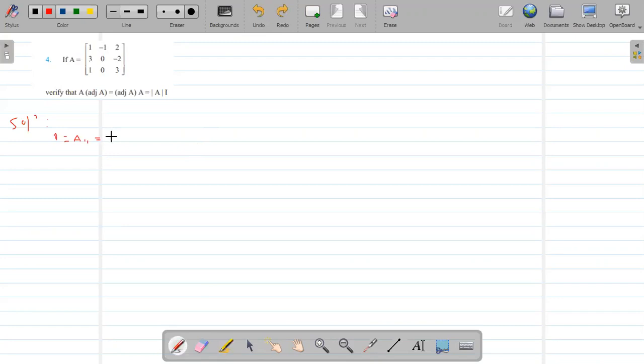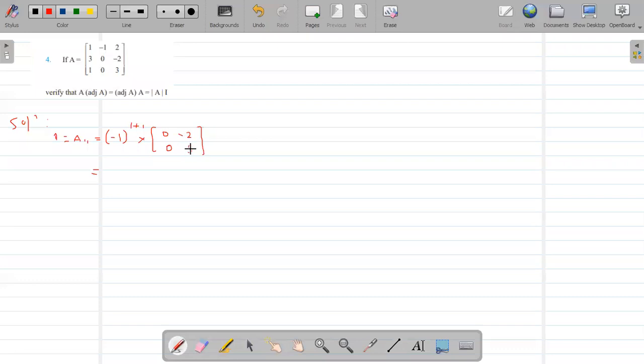So minus 1 to the power 1 plus 1 into the remaining part, which will be 0, 0, minus 2, 3. Now minus 1 to the power 2 is an even number. So do I need to write this? Because it's a positive one, and anything multiplied by positive one remains the same. So I will not write it.